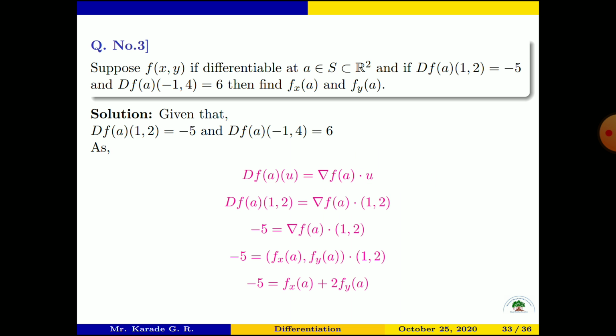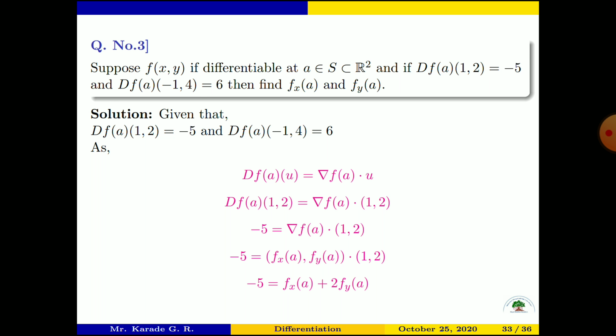So now we have question number 3. Question number 3 says: suppose f of x comma y is differentiable at A belonging to S, which is a subset of R2, and the total derivative of f at point A along the vector 1 comma 2 is equal to minus 5, and the total derivative of f at point A along the vector minus 1 comma 4 is equal to 6.